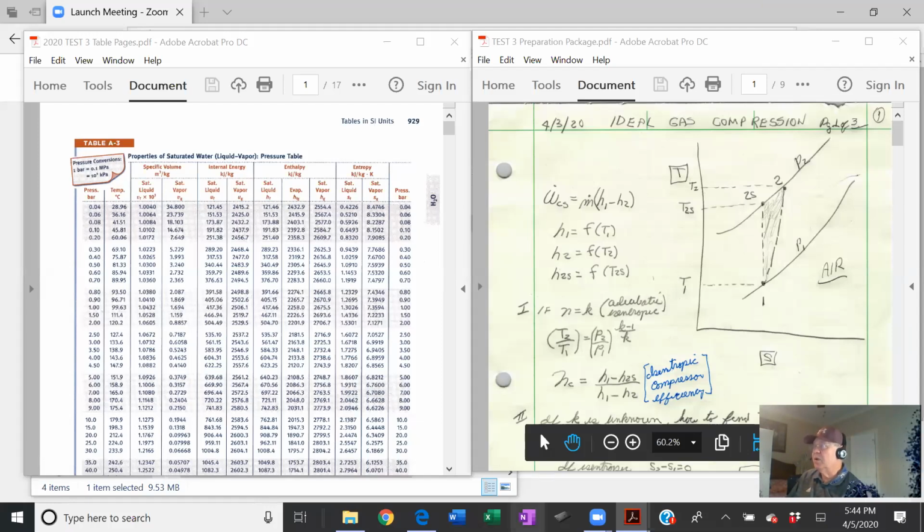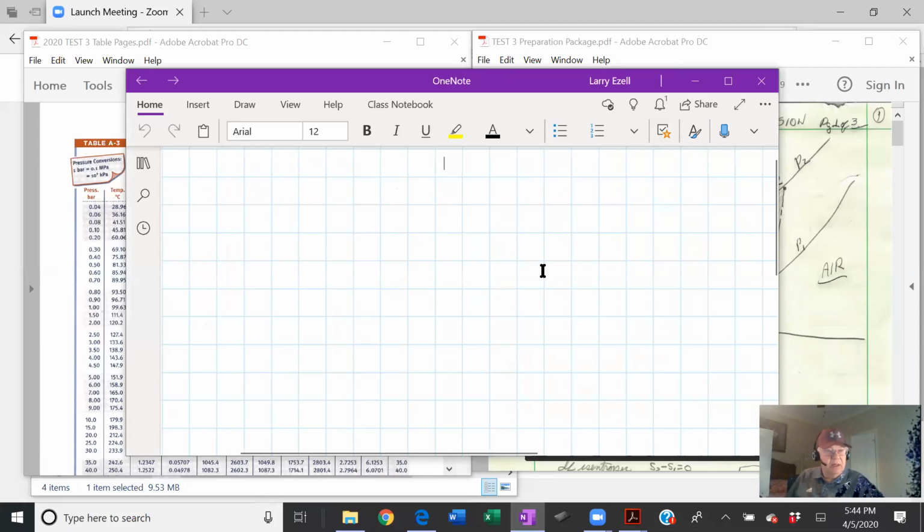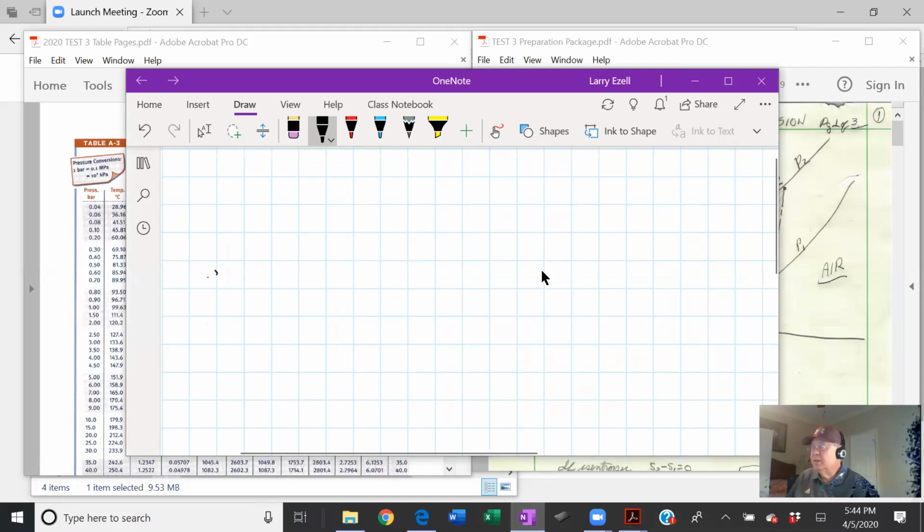Now I'm going to bring up OneNote. This gives me a little trouble sometimes because it looks like it's awake. Let me see if I can share this screen. It will have OneNote on it now. So if everything works the way it appears to, you can see all 3 screens we're going to be talking about.